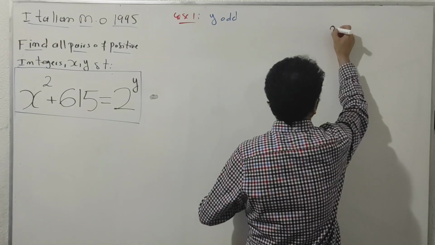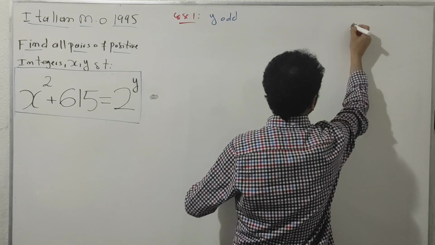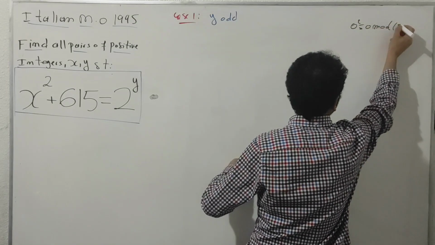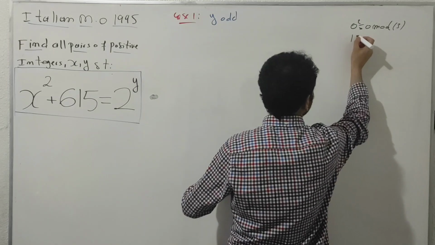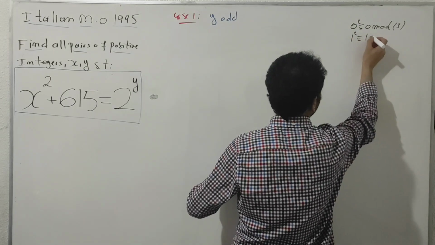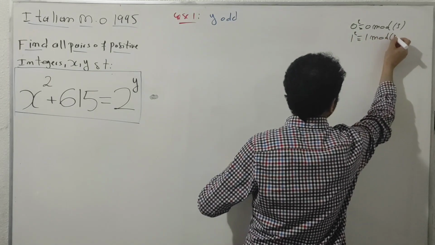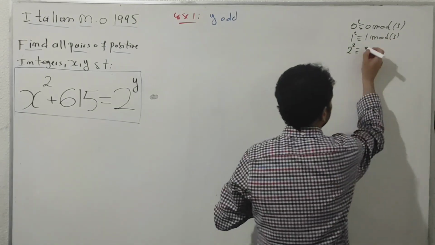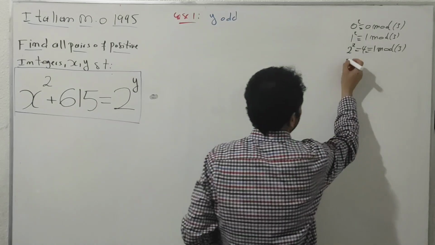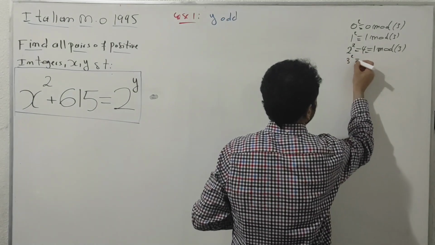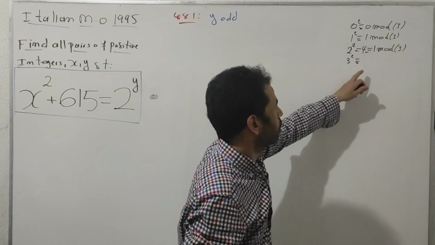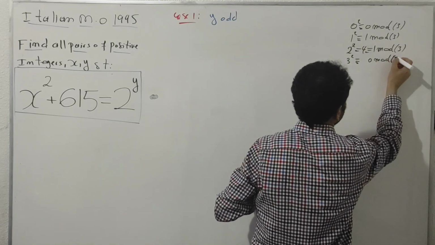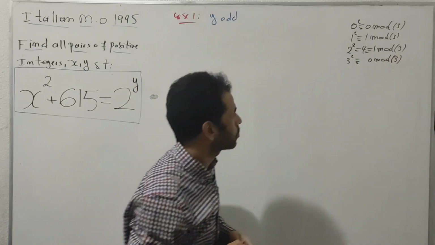In general, for n squared, you have 0 squared is congruent to 0 mod 3. We have 1 squared is congruent to 1 mod 3. I'm reducing this to mod 3. So we have 2 squared is congruent to 1 mod 3. And check the next one: 3 squared is 9. 9 is 0 mod 3 because 3 divides 9.